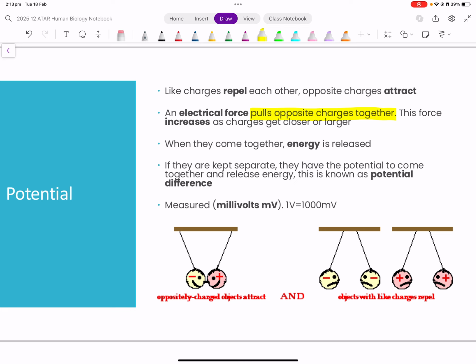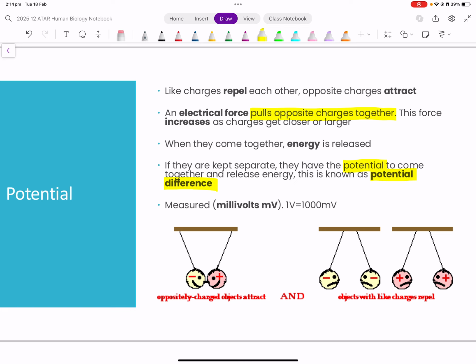When they come together, there is energy that is released. If we separate those charges, they then have the potential to come back together. It doesn't mean that they will, but they have the potential to, and we can call this the potential difference.